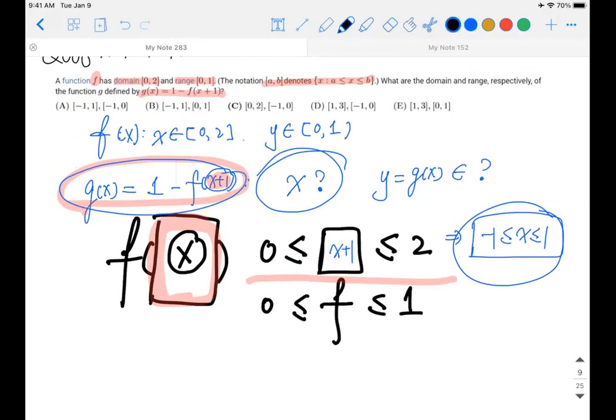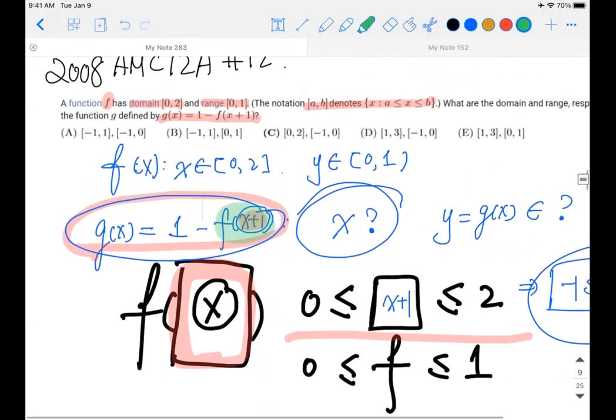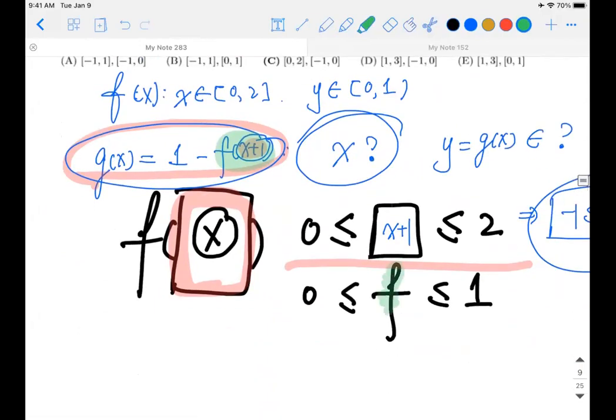Even though for now, your g(x) becomes a little bit like f(x plus 1), I don't really care about this f blah, blah, blah. As long as you give me an f, regardless of whatever you have under f, you always have the total function value between 0 and 1.